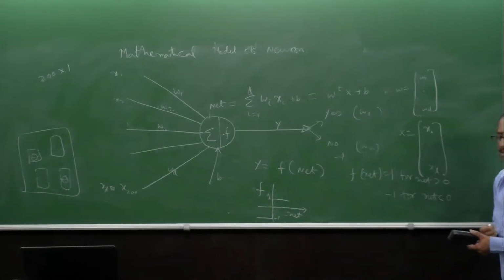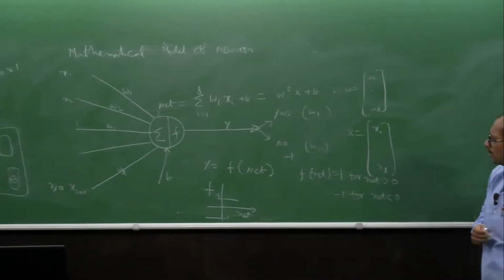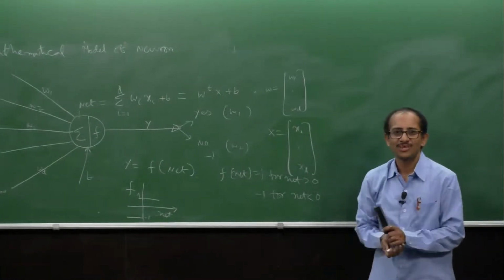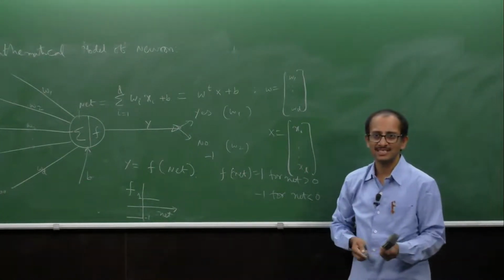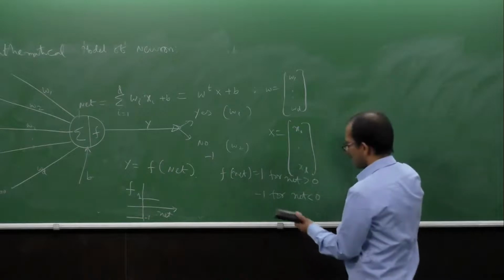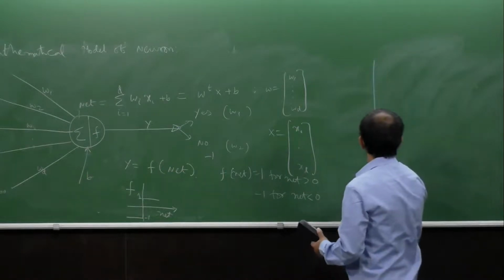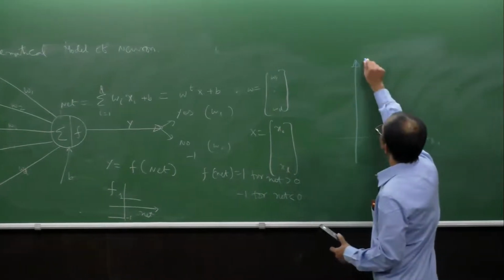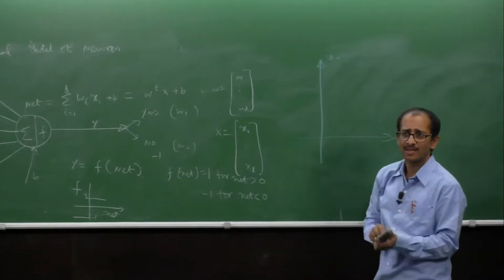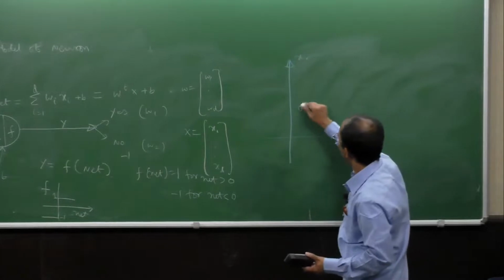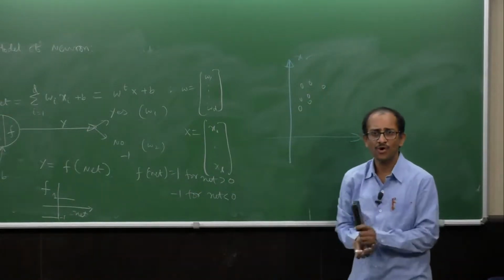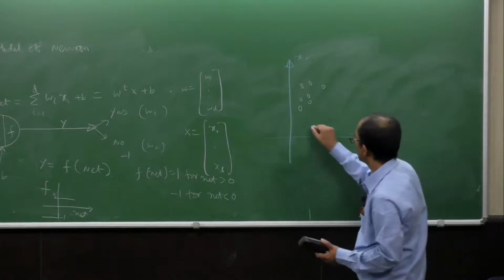Fine. So now, what is our objective? We started with an objective of classification. Now let us bring in the context here. Assume that we have two features because it is easy to visualize. We are considering a binary classification problem, so let us assume that there are only samples of two different classes.